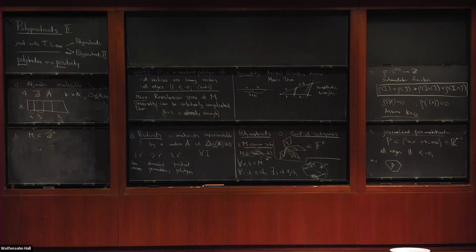It lives in a hyperplane. It should be M-convex: for any a and b, we can slightly move towards a and b by vectors e_i minus e_j and e_j minus e_i. That's the notion of M-convexity.